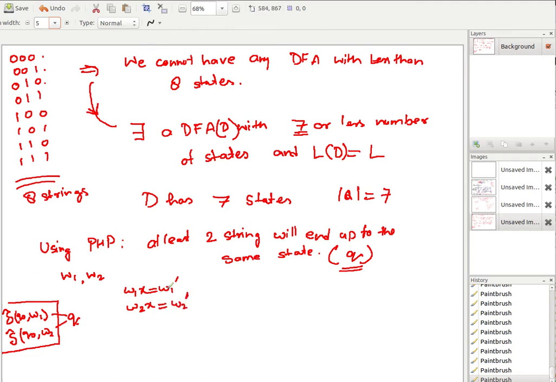Now once I get W1 dash and W2 dash, delta cap of Q0 and W1 dash, I think it is trivial to say that it is the same as delta cap of Q and x. And the same you can say about this one.